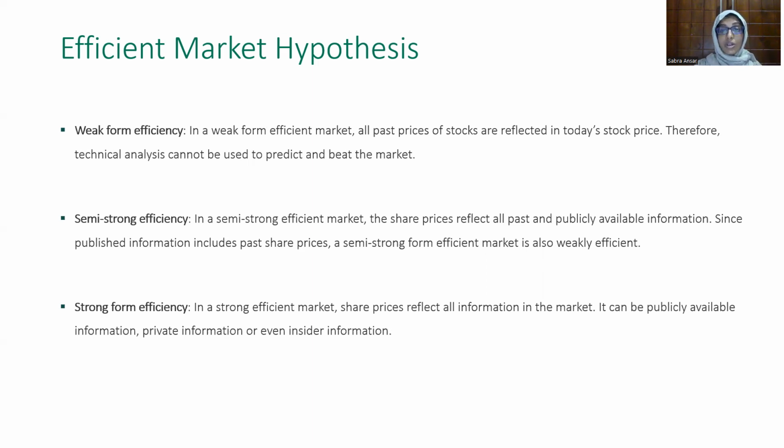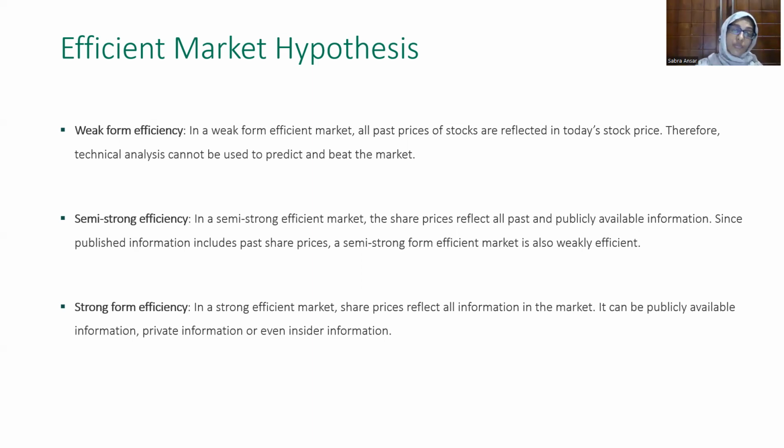However, in semi-strong form, share prices reflect all past and publicly available information. Therefore, it includes past share prices, and the semi-strong form is considered to include the weak form.